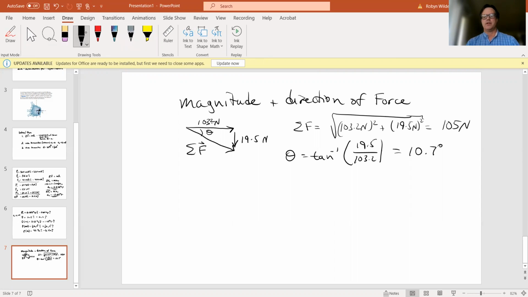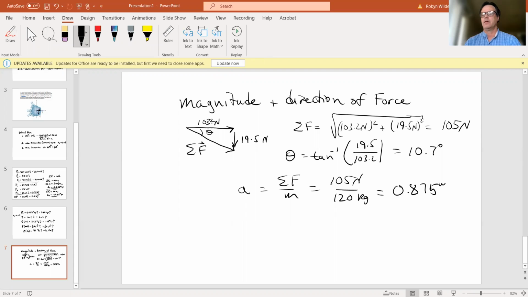To get the acceleration, we're going to take the sum of the forces over the mass. So it's just 105 newtons. Now this is just the magnitude. 105 newtons over 120 kilograms. So we get, let's see, I think it's 0.875. This is the magnitude of the acceleration because I've used the magnitude of the force.